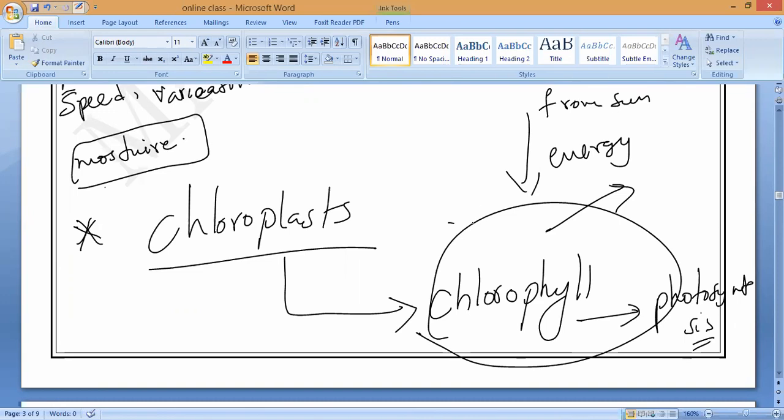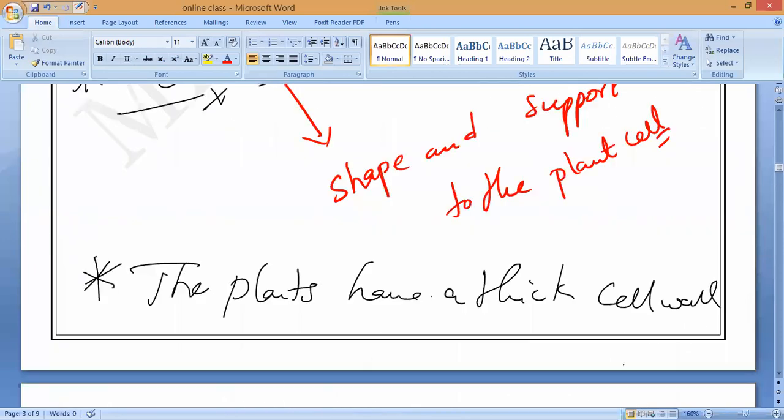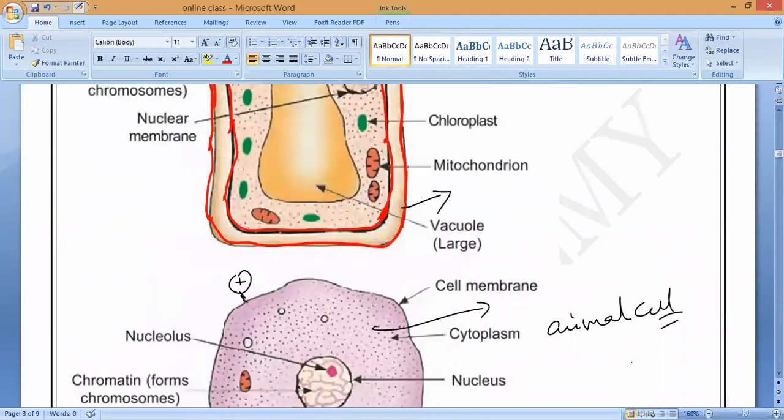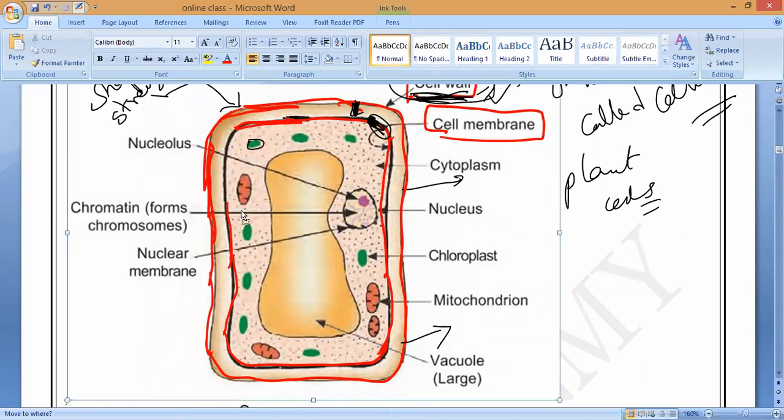So chloroplast is present only in which cells, plant cells or animal cells? Plant cells. Animal cells do not contain this. What is the color of chloroplast? You can observe the picture. This is the plant cell and this is the animal cell. Here you can observe something present in green color.